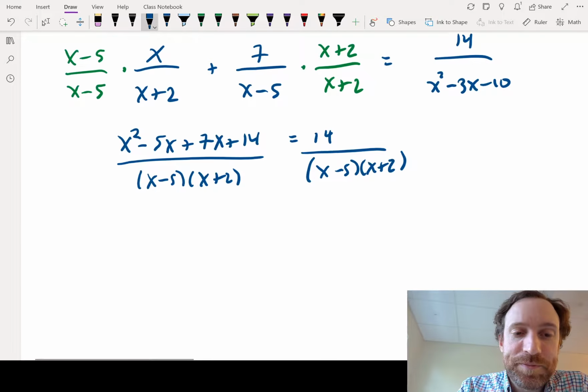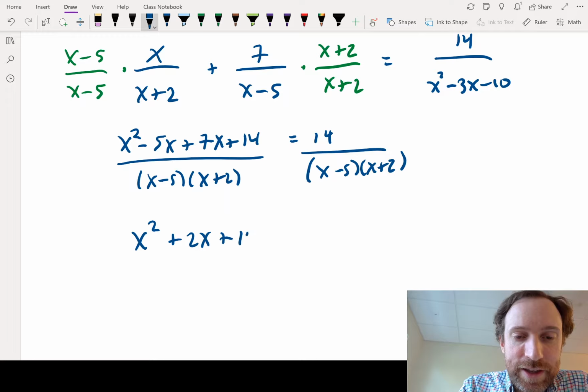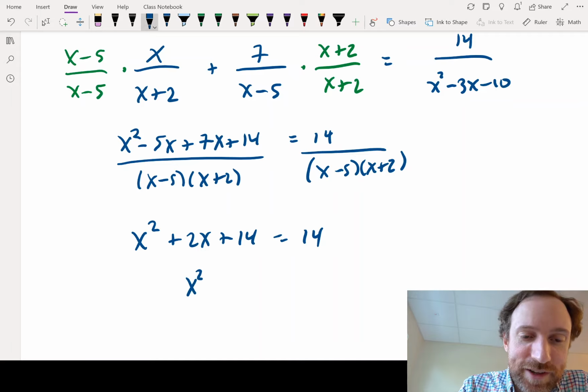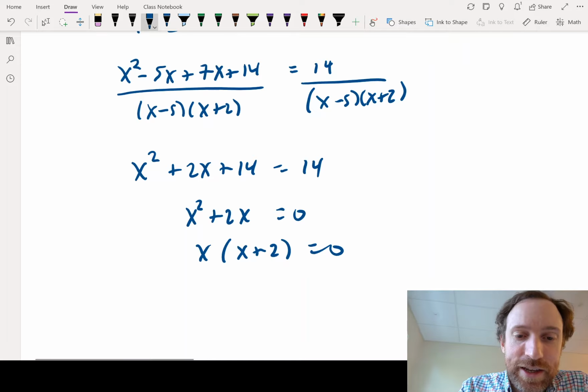Okay. Now let's do the same thing we were talking about before. That is, if these fractions are equal and they have the same denominator, we'll set the numerators equal to each other. And do some factoring. This time we did end up with a quadratic. And solving for x, we get x equals 0 and x equals -2.